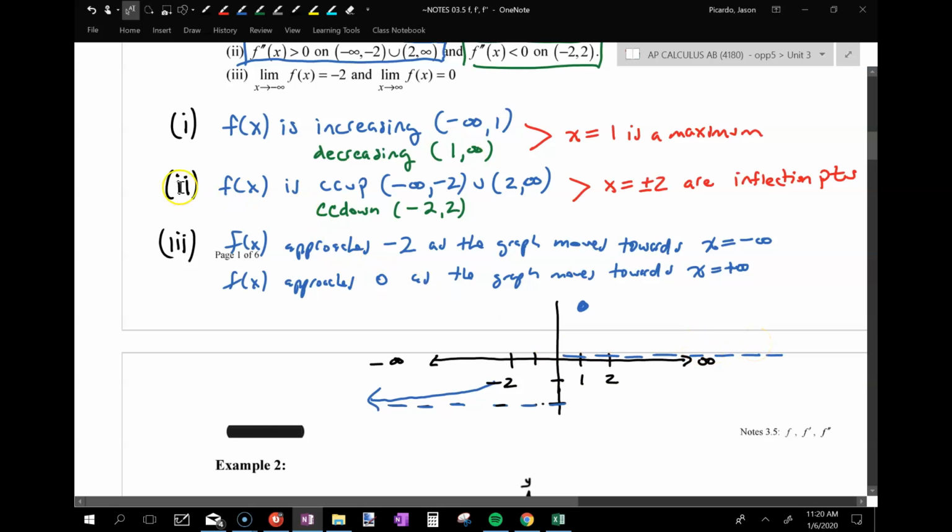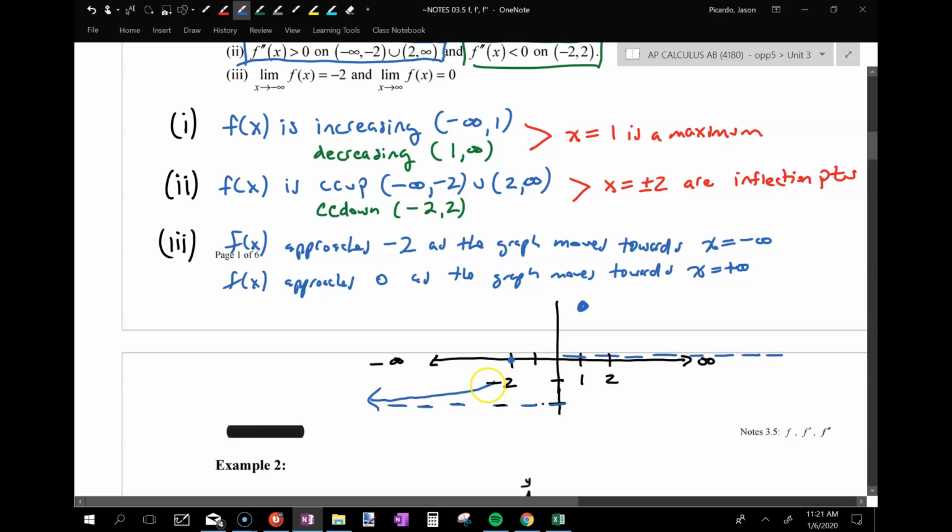Okay. It says that my graph needs to be concave up from negative infinity to negative 2. Is my graph concave up right now? Is it facing upwards? Yeah. Then from negative 2 to 2, so between here and here, my graph needs to be what? Concave down. So watch how I'm going to draw it. I'll put a point here.